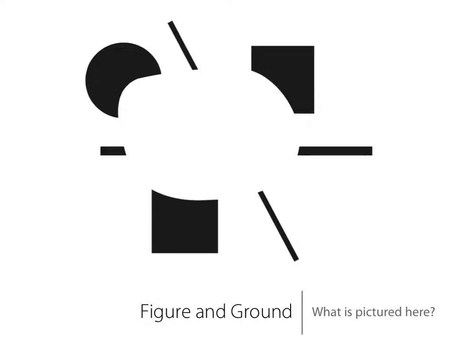And this idea of figure and ground, it's using a lot of those other Gestalt laws. What do you see here? Do you see what is pictured here? Who of you see a white object here that just happens to not have any outline? Are you subtly filling in all of these spaces here?